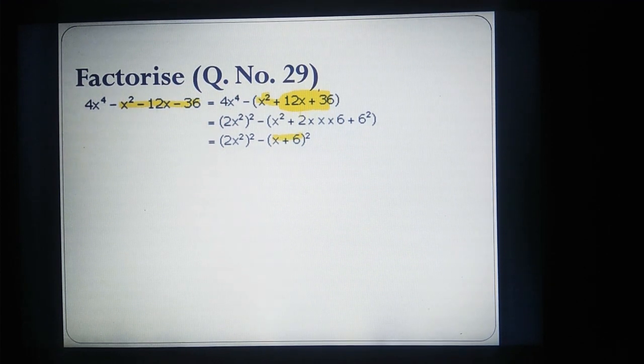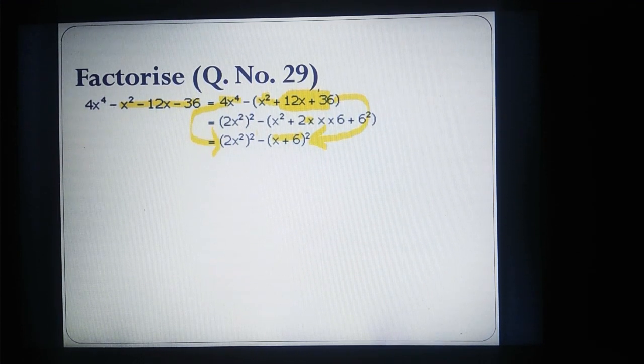Okay, so this 12x can be written as 2 into this, so basically this can be directly written this way. So you just check it out. Now this 4x to the power 4 can be written this way, right?